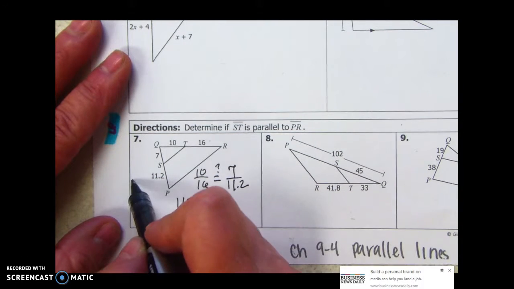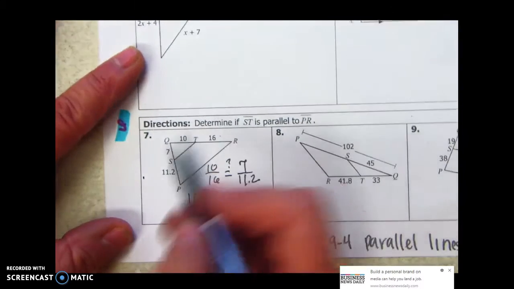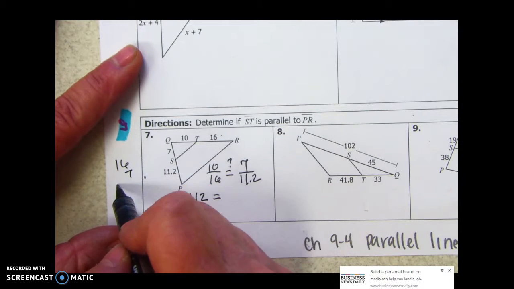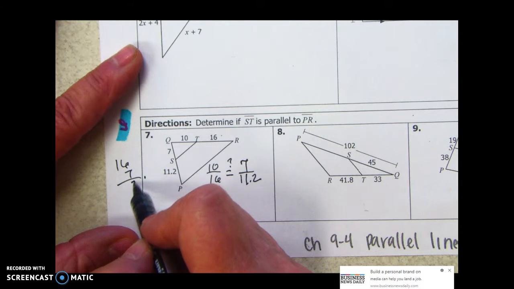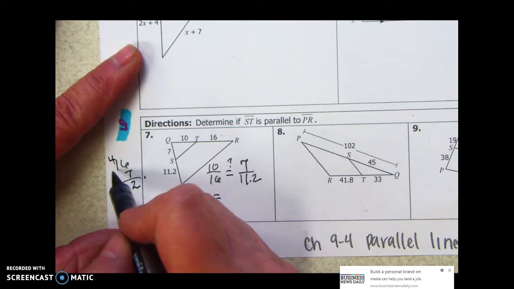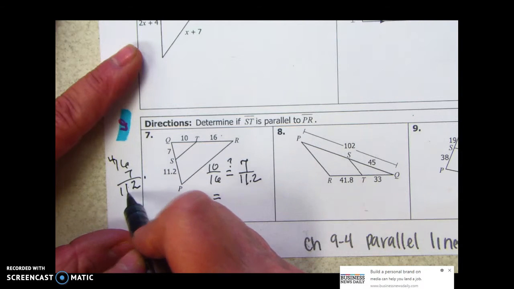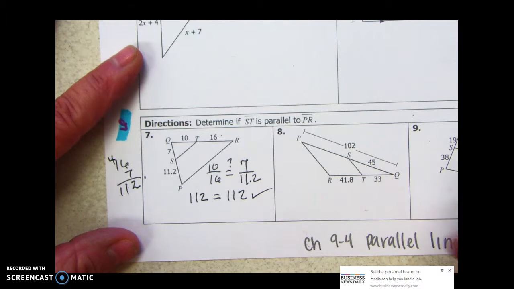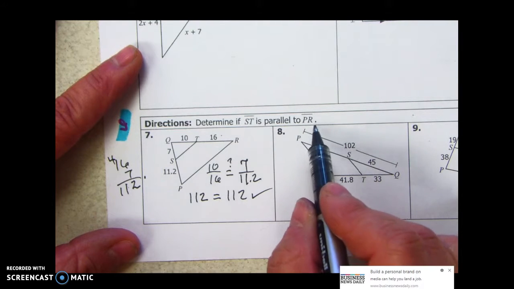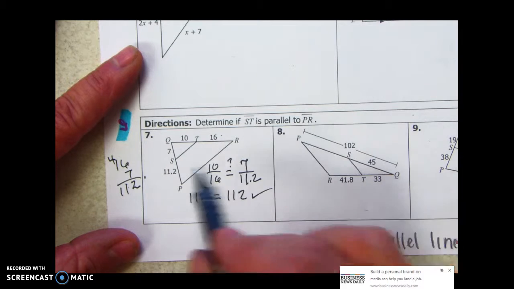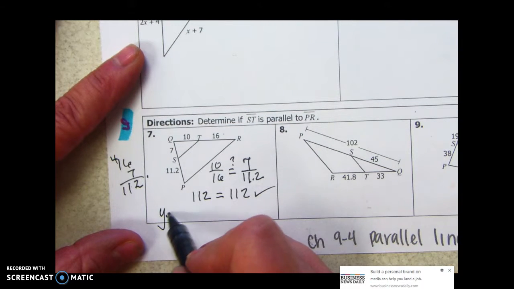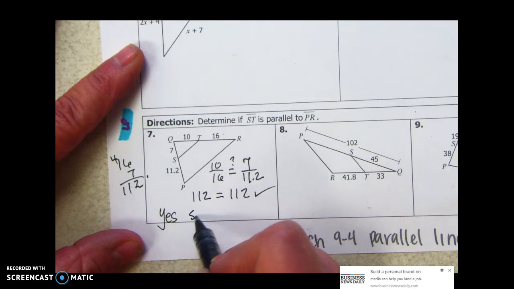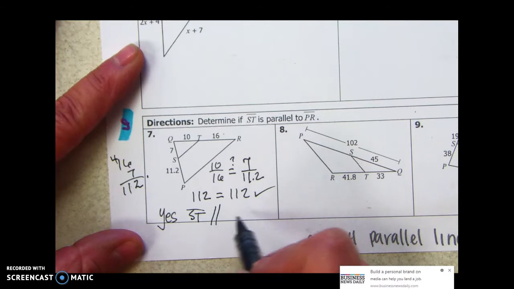Does that equal 16 times 7? 6 times 7 is 42. 7 times 1 is 7, plus 4 is, oh, what do you know? 112, check. Yes. So determine if ST is parallel to PR. Yes. ST is parallel to PR.